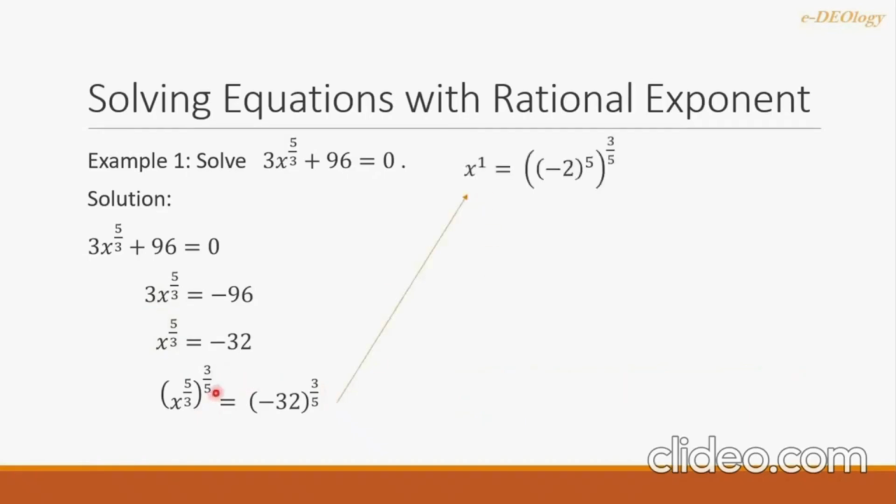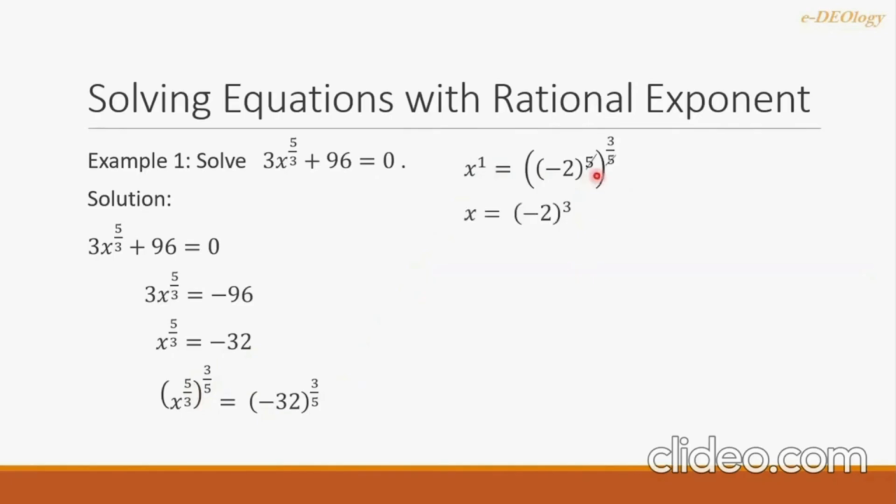Next, for the x, the exponent becomes 1 because 5 over 3 multiplied by its reciprocal gives 1. On the right side, the negative 32, we will express it as negative 2 raised to exponent 5.